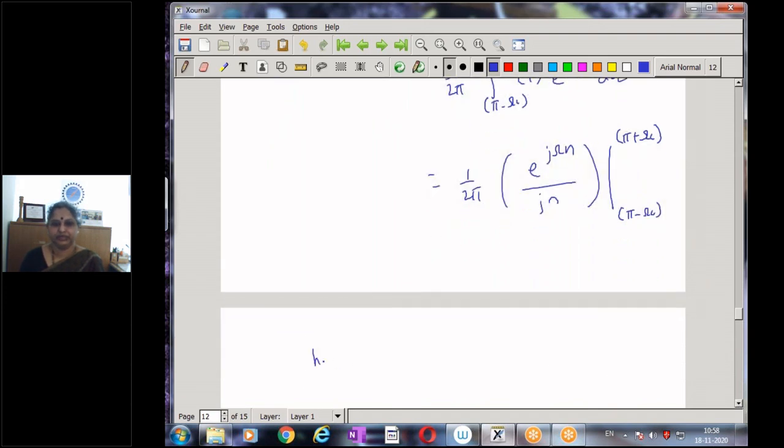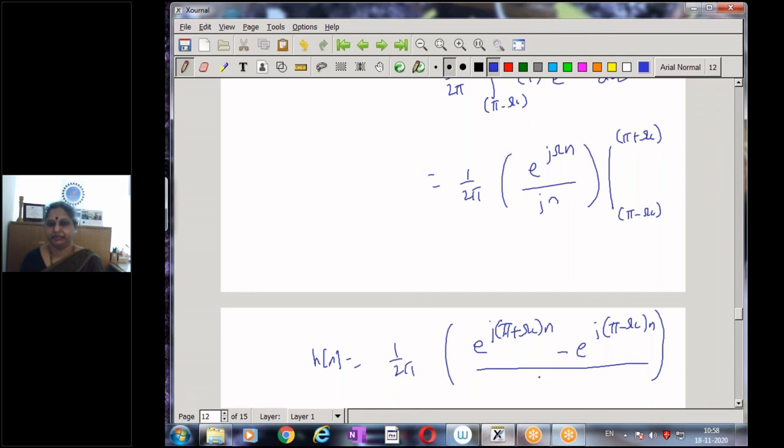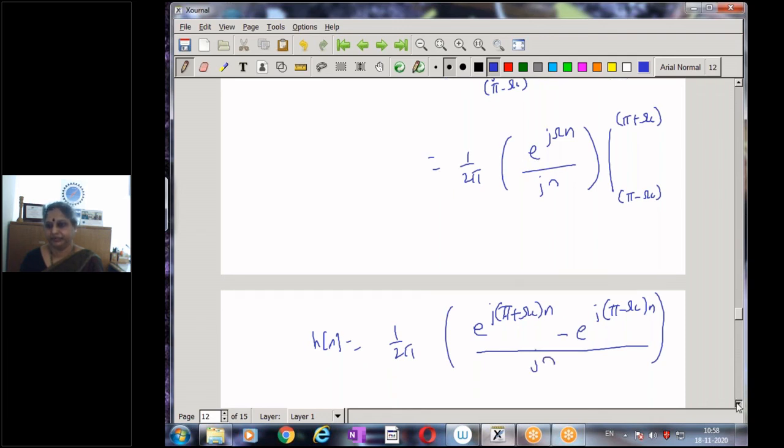And this makes h of n equal to 1 by 2 pi. My numerator now becomes e to the power of j (pi plus omega c) n minus e to the power of j (pi minus omega c) n, a whole divided by jn.